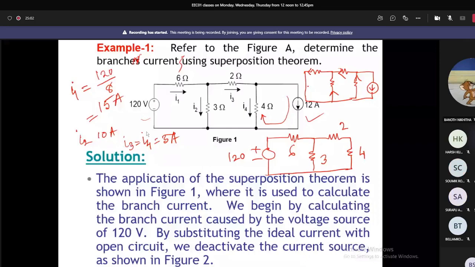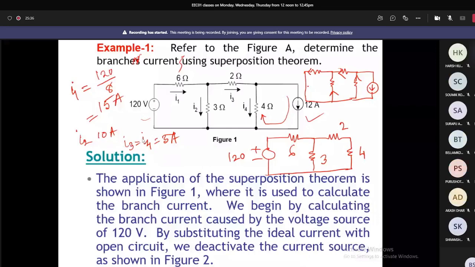So it is basically 6, 4 plus 2, and this part is 6 into 3 by 9, so it is 2. How can you branch it? It is 12, and the 12 will pass through 6 and 2, right? So how can you calculate I3 and I4? It is 12 into 2 divided by 6 plus 2, which is 8.